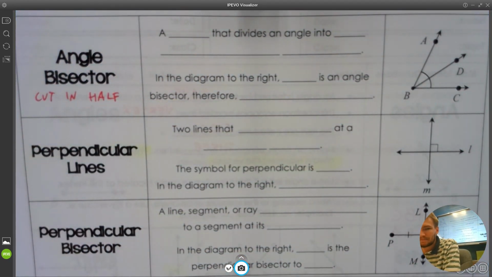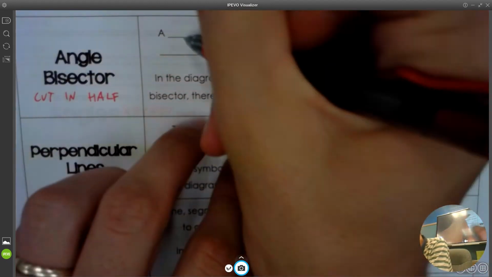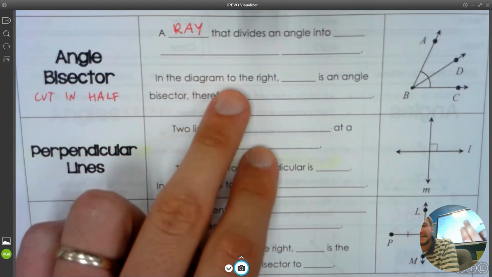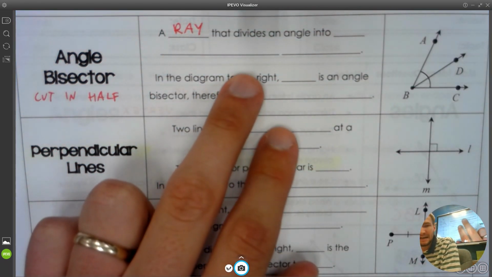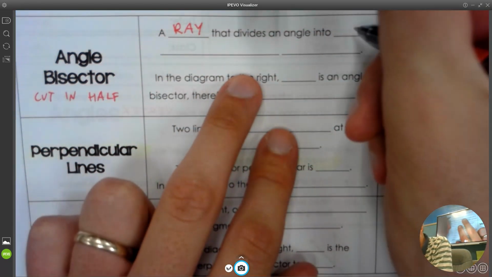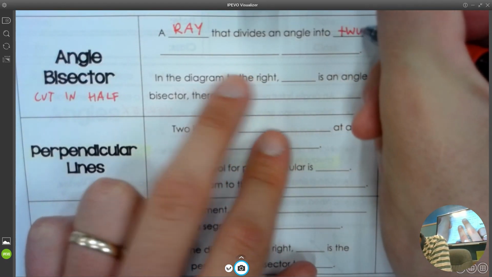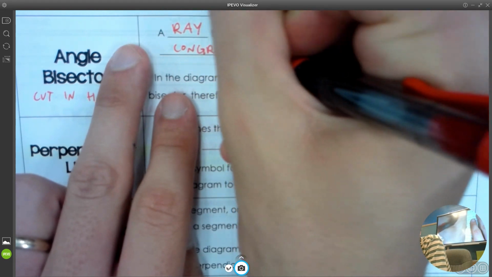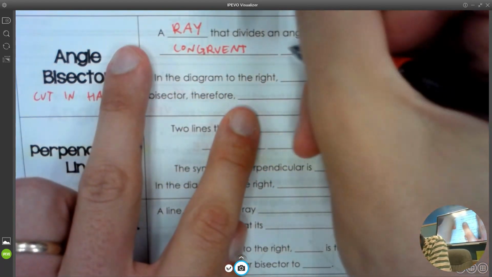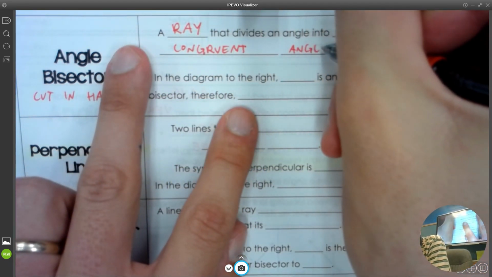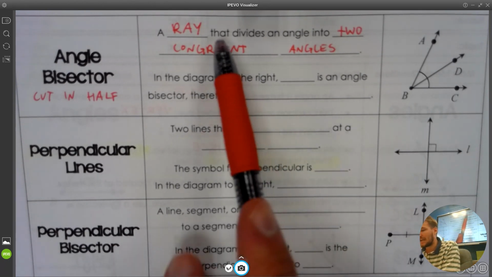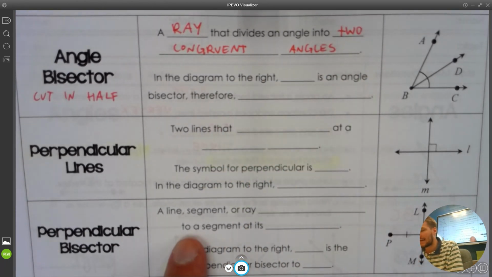So if a ray, because we're talking about lots of rays here for these angles, divides an angle into 2 congruent angles, which again makes sense, if you cut it in half, then you cut it in half, right? You cut an angle into 2 congruent angles, then that means you cut it in half.